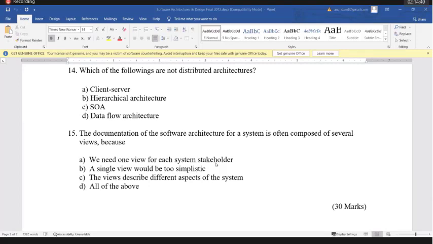So the system engineer is interested in the deployment view, whereas the project manager is interested in the work assignment view, because he's responsible for product development.